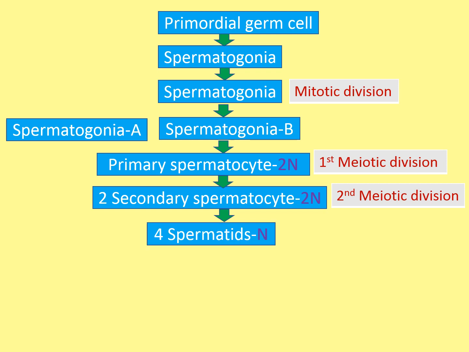So one primary spermatocyte can form 4 spermatids having a haploid chromosome number of 32.